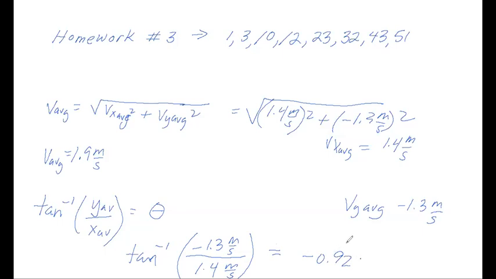Oh, no, sorry. Let me erase that. I'm looking at the wrong thing. Okay, that's going to give us a negative 42.9. And that's going to be in the fourth quadrant. So we take 360 minus 42.9, which is going to be 317 roughly. 317. All right, that was number 1.